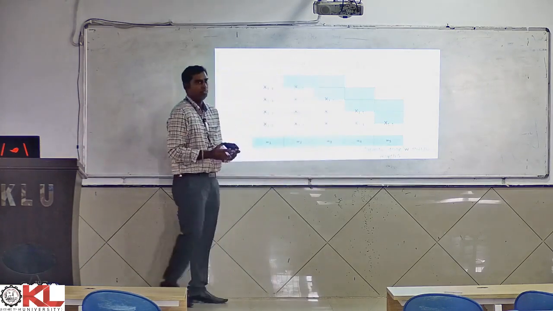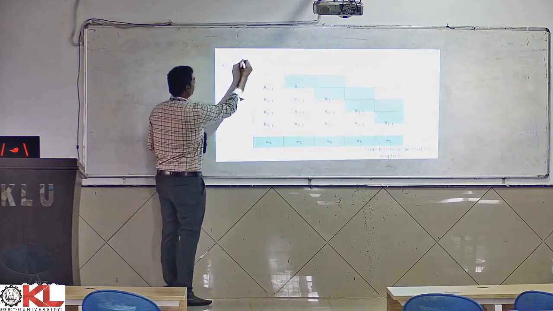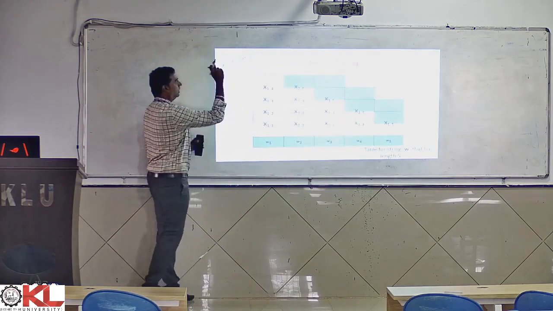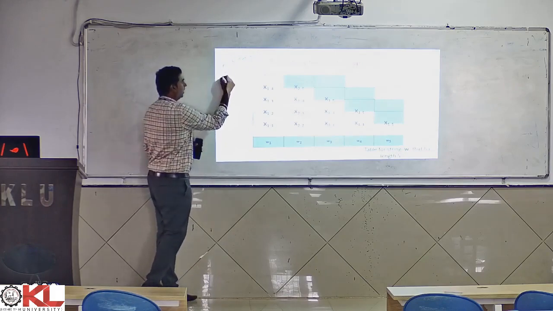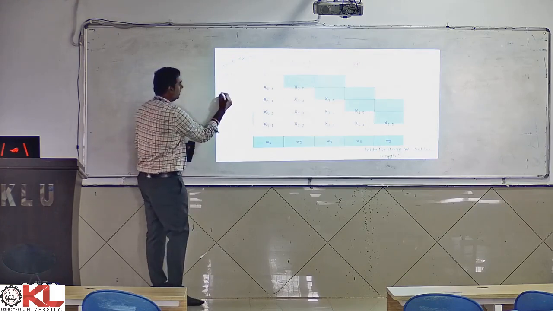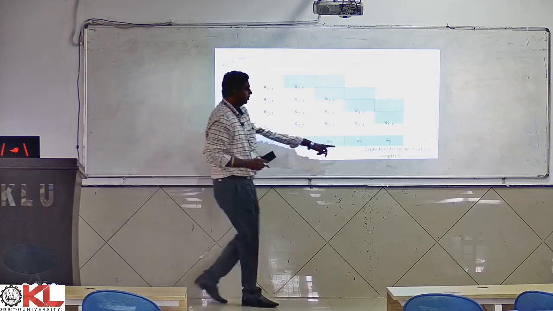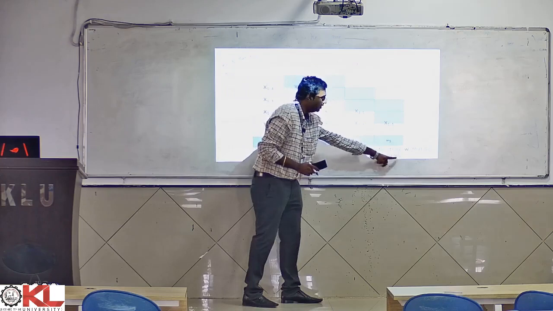For example, "book that flight". In that case, what is the length? How many words are there? Here three words are there. So we are going to build a triangular table of 3 cross 3. Here the given string has a length of 5.